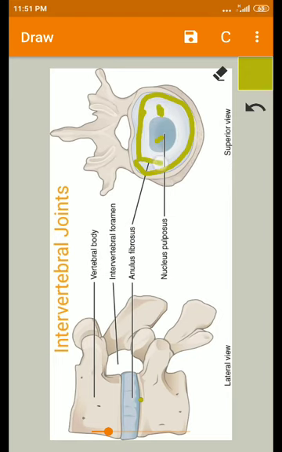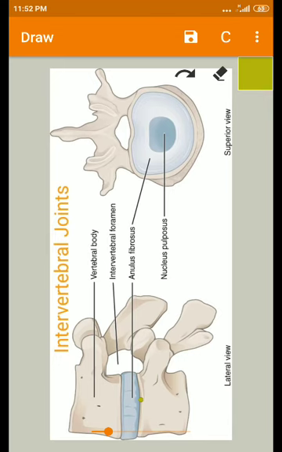The laminae that are formed are arranged in the form of incomplete rings, and these incomplete rings are connected with strong fibrous bands. These outer collagenous fibers are attached to the anterior longitudinal ligament and the posterior longitudinal ligament of the vertebral column.